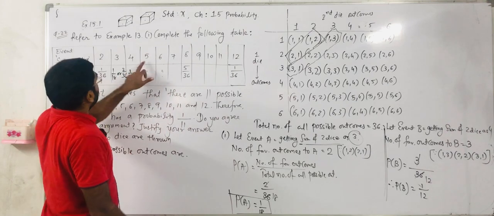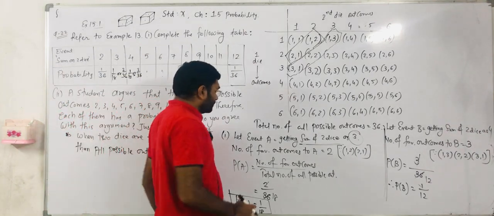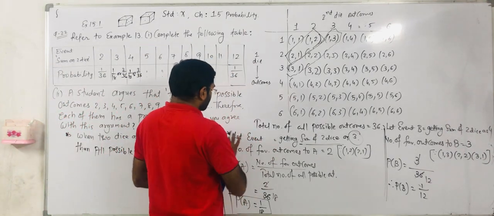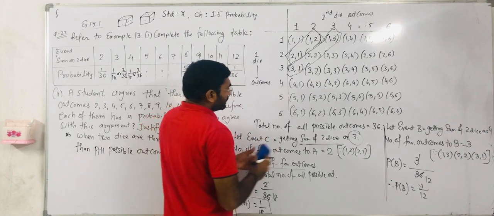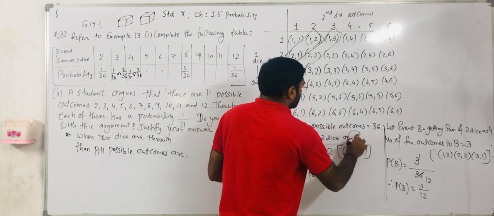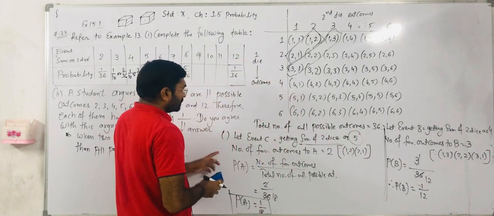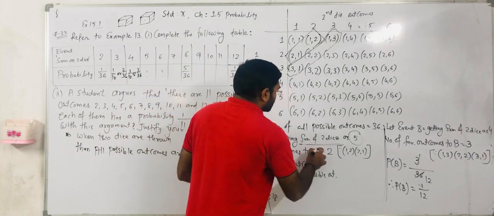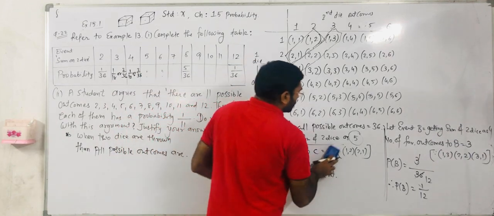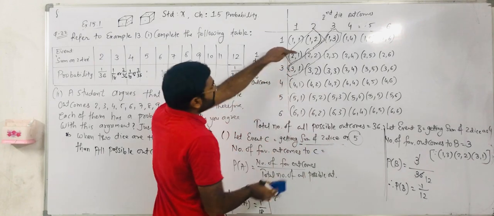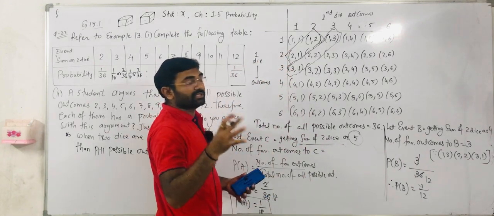Now same way summation on two dice we have to take as a 5. So suppose here I take the C event, getting the summation on two dice as a 5. So you have to check from all possible outcomes in how many outcomes we get the summation as a 5.